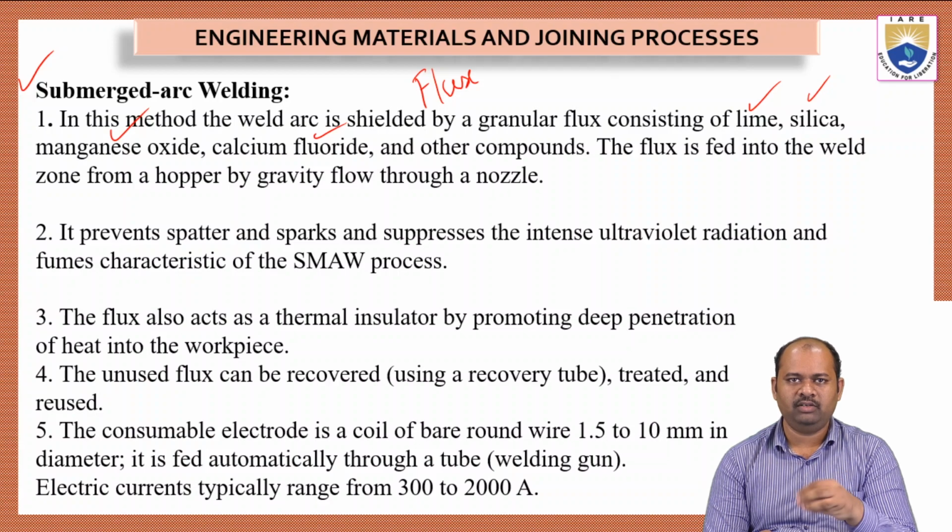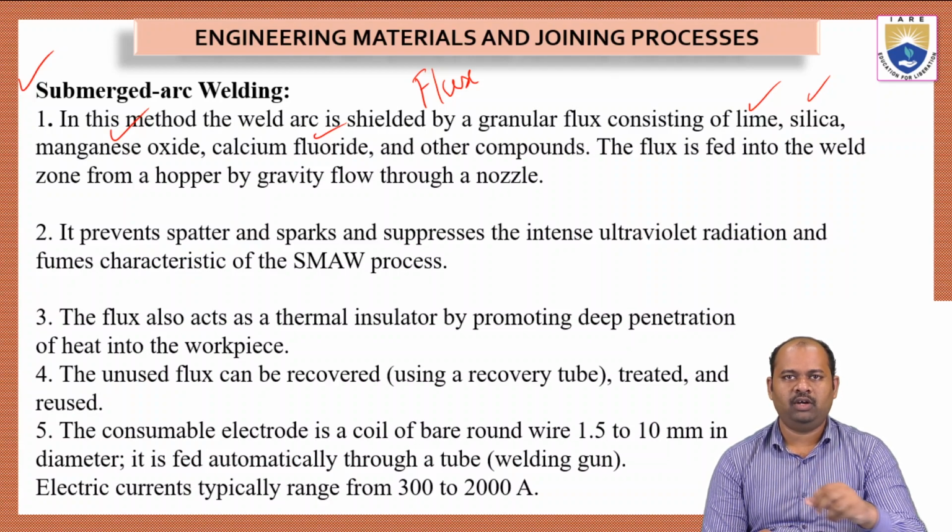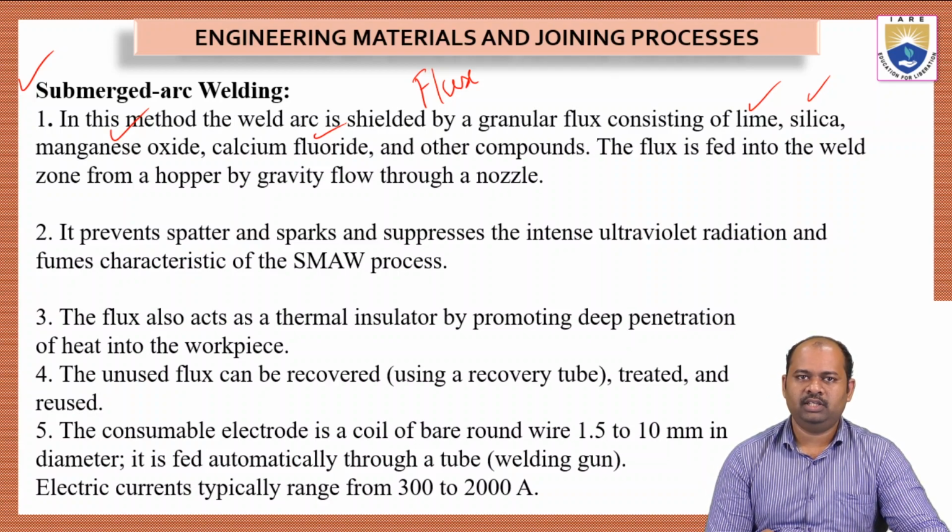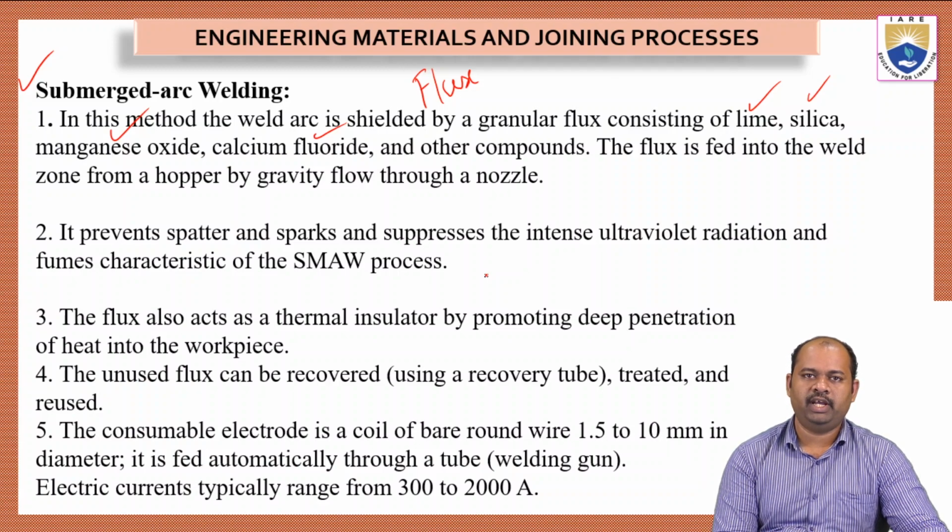Flux is a powder. We have to drop the powder through a hopper. By doing this, we can avoid the ultraviolet rays. These ultraviolet rays are very harmful for human eyes, so that is why they have to be protected. By using the flux, we can protect against the light and also the gases.